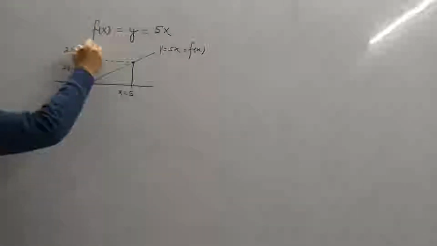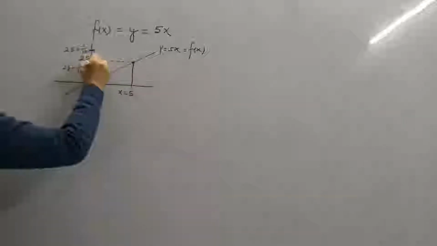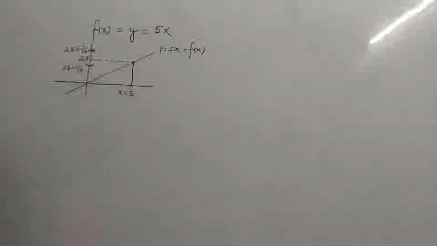So I have created what is called a neighborhood in mathematics. I have created a neighborhood. 25, I know that this is the limit. Here we will assume that we know the limit. Then you can use the symbols, but here I am working with the actual numerical value, that is 25.